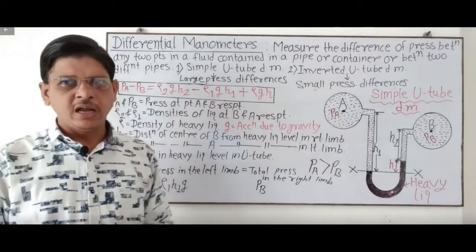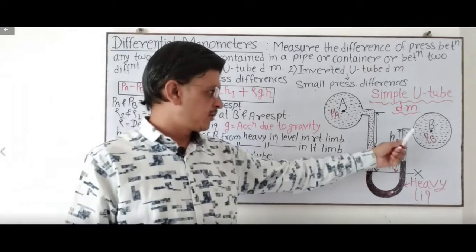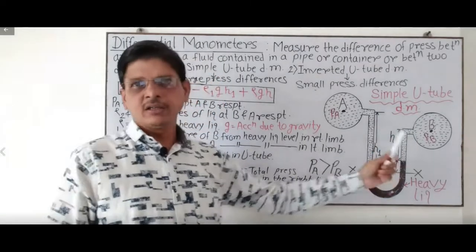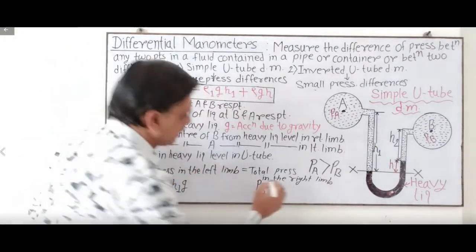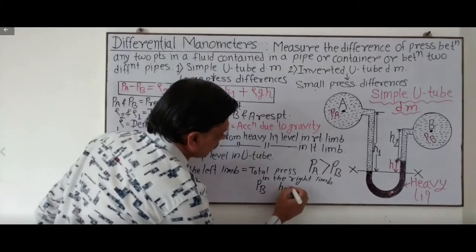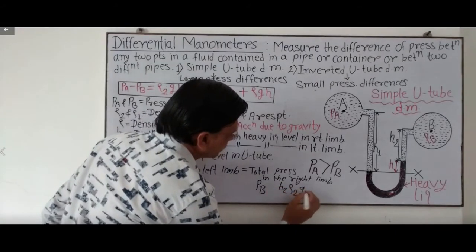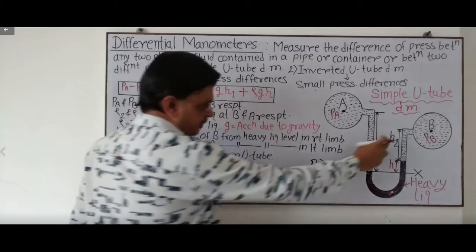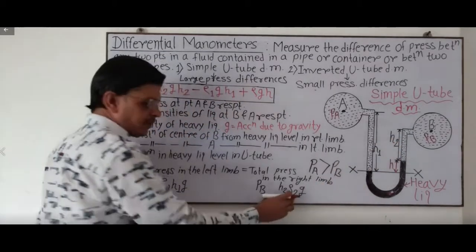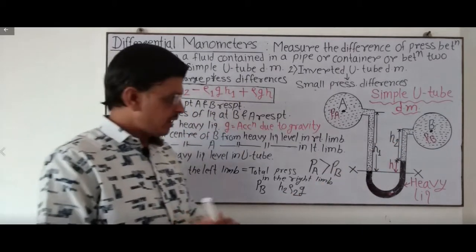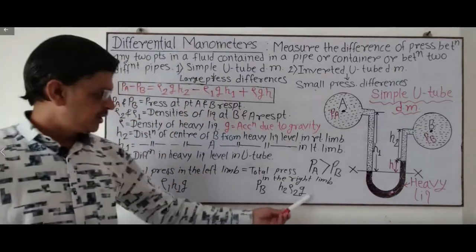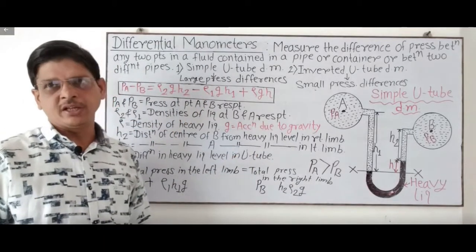Pressure of the light liquid, that is H2ρ2G, where H2 is this height, ρ2 is the density of the liquid at B, and G is acceleration due to gravity.